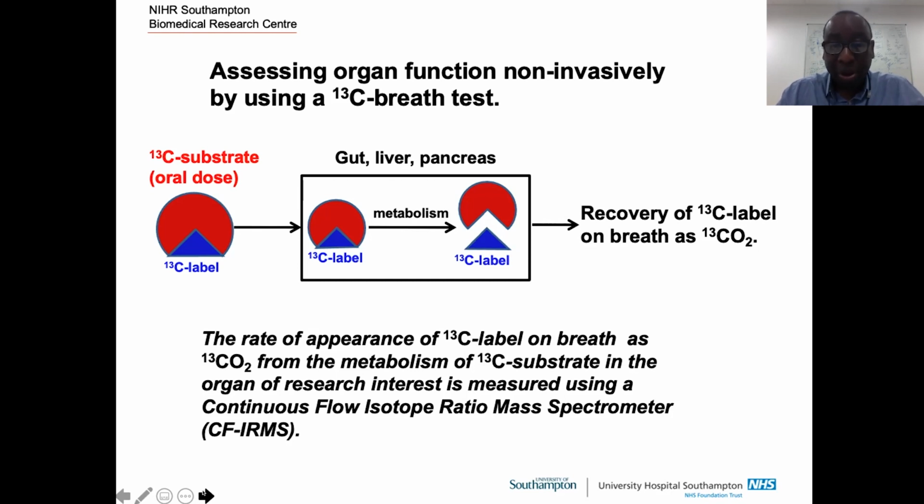So the rate of appearance of the 13C label on breath as 13CO2, due to the metabolism of the 13C substrate in either the gut, the liver, or the pancreas, is then measured in the mass spectrometer of what we call the continuous flow isotope ratio mass spectrometer, or the CFIRMS.